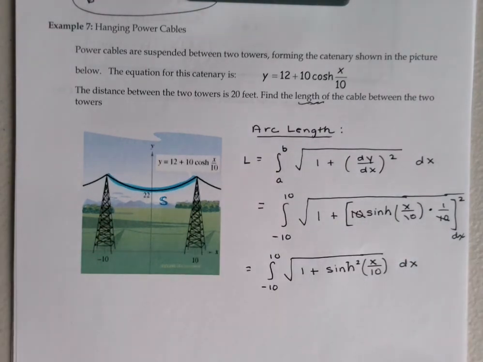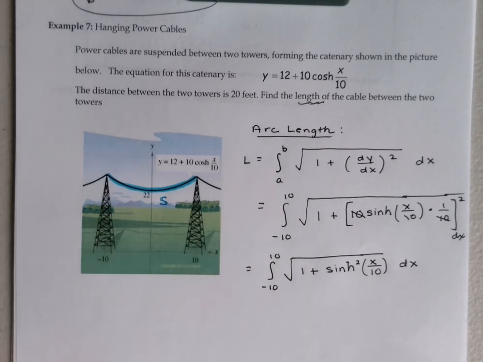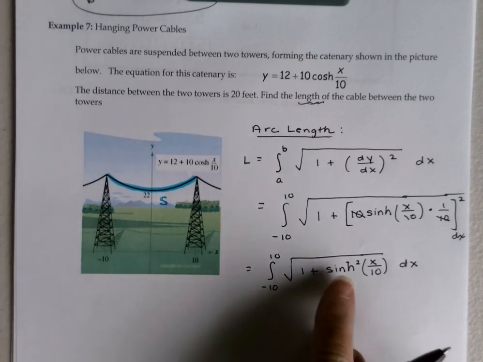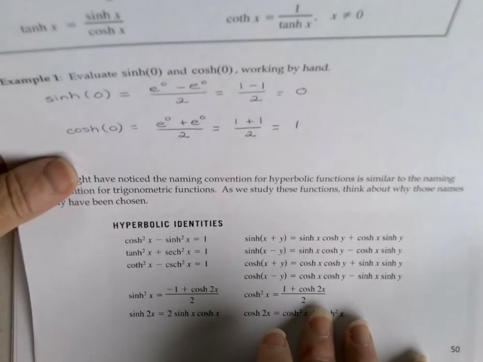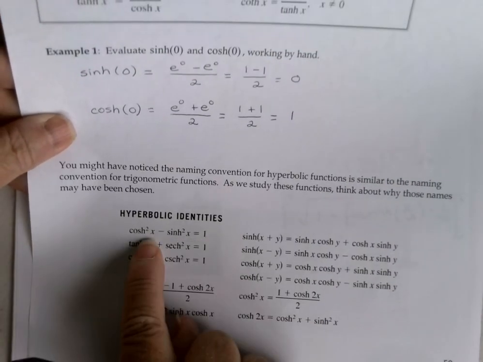Now, I think we can actually go a bit further with this, because that's just like one of our identities, isn't it? 1 plus sinh squared. If I move the sinh squared to the other side, that would just be cosh squared.